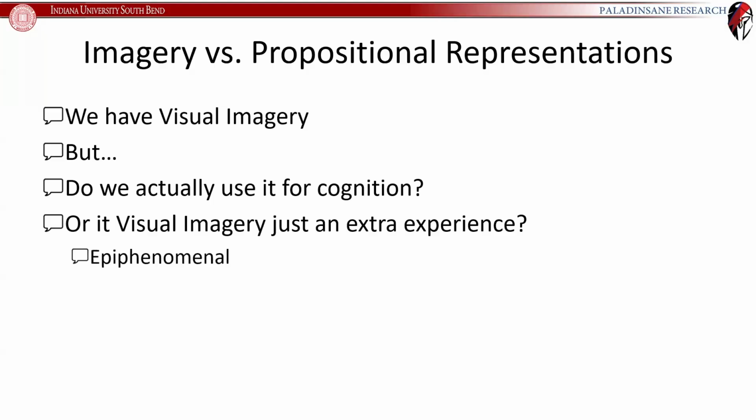Or possibly, is it just an extra experience? And the fancy word for that is, is it epiphenomenal? You can think of epiphenomenal as features or conditions that exist, but exist as a byproduct or do not actually contribute to the phenomenon at hand.